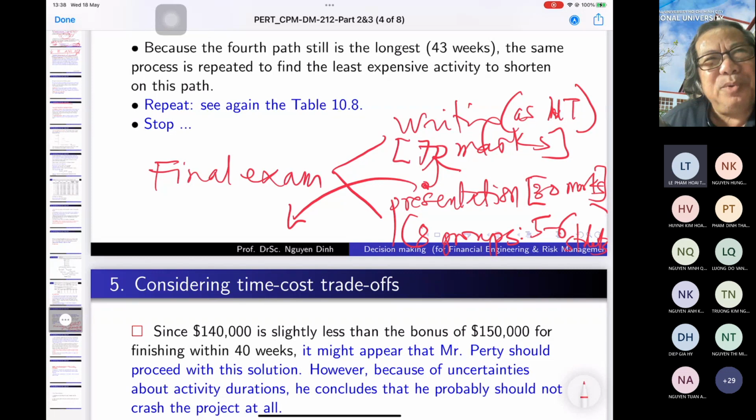And especially question number 3, the question about advertisement using television, radio, and other media. Many of you are not correct.